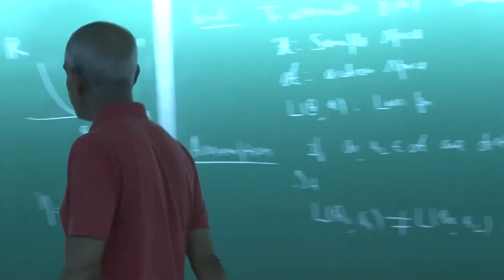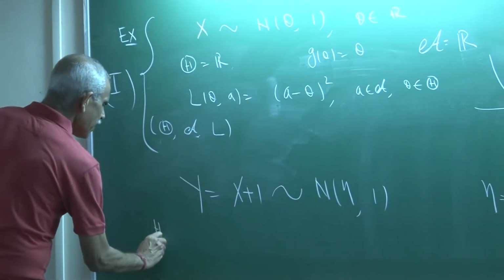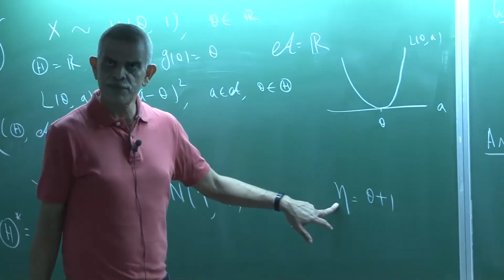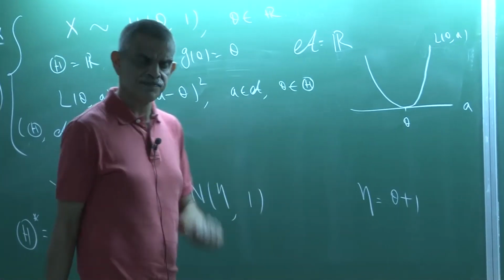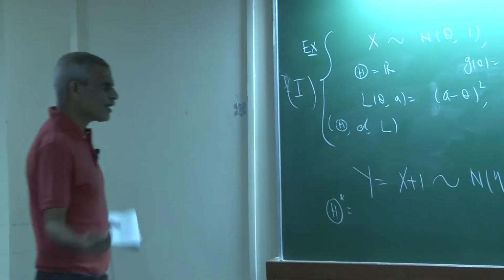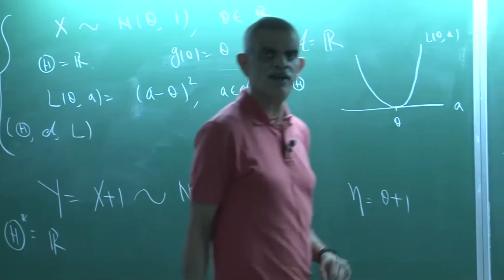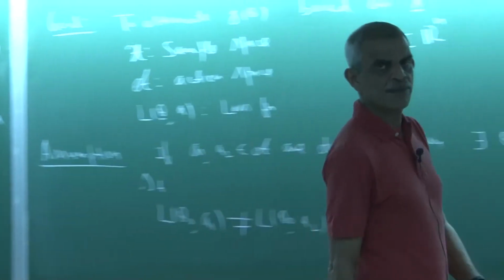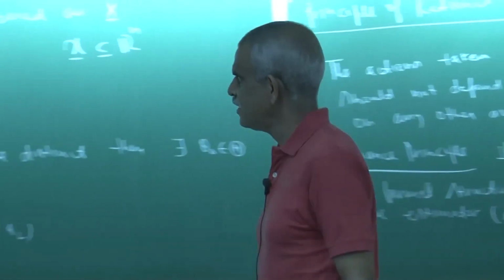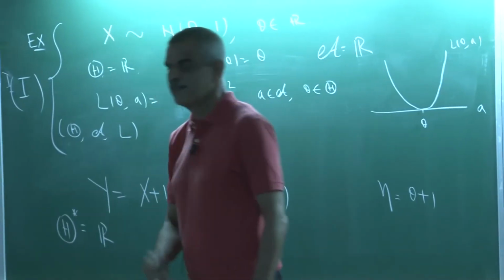What is the class of distributions over here? So what is my theta star? Theta star is the space for estimating eta. So theta star is nothing but again whole R, because if my small theta was taking any real value, theta plus 1 also will take any real value. So my theta star is the same as R. So I see theta is the same as theta star.